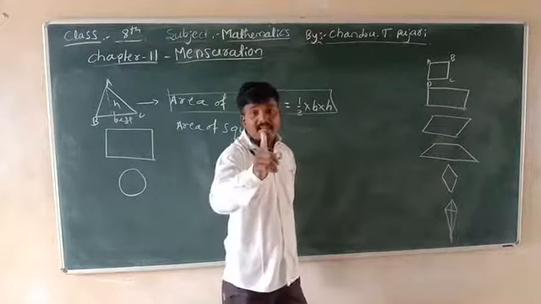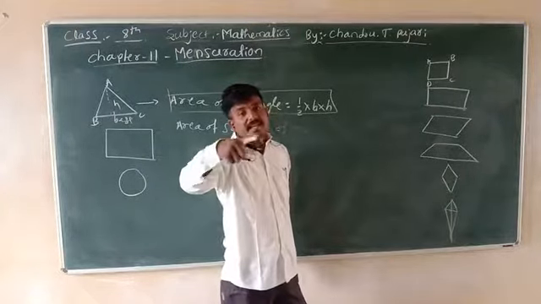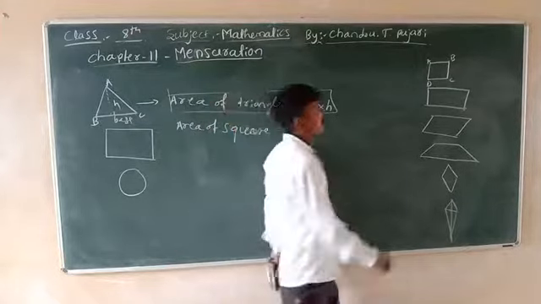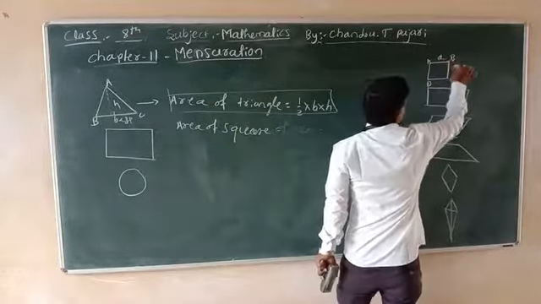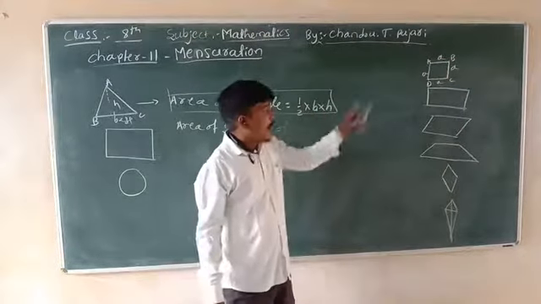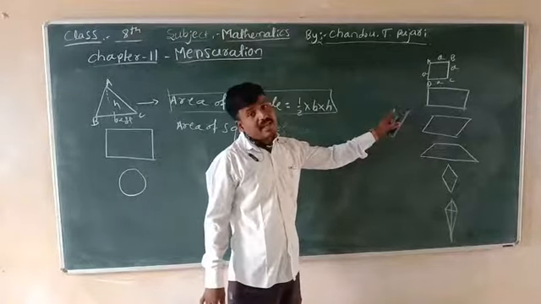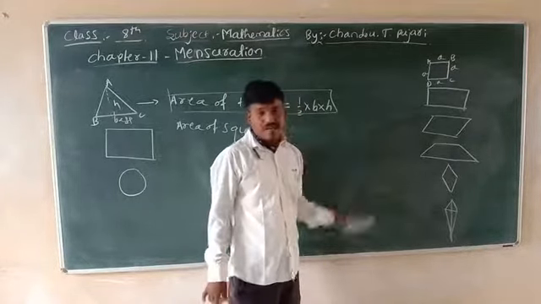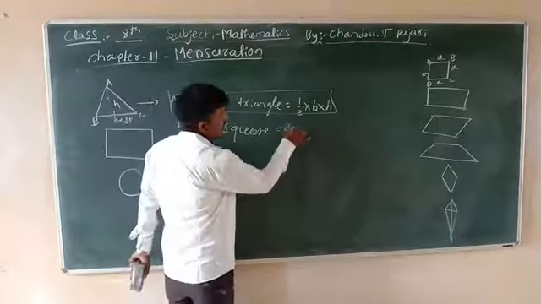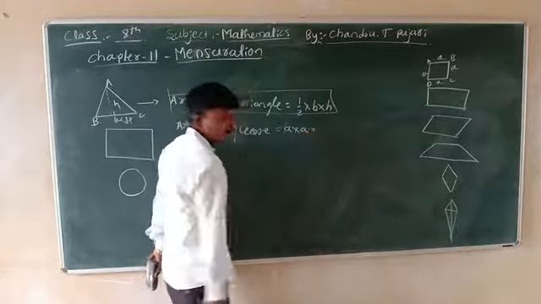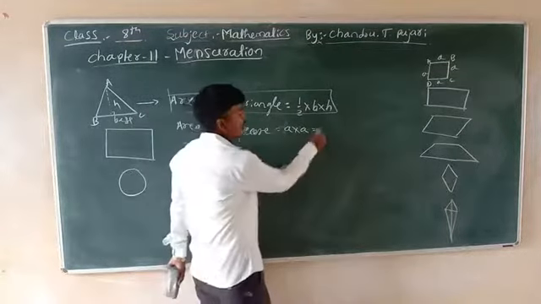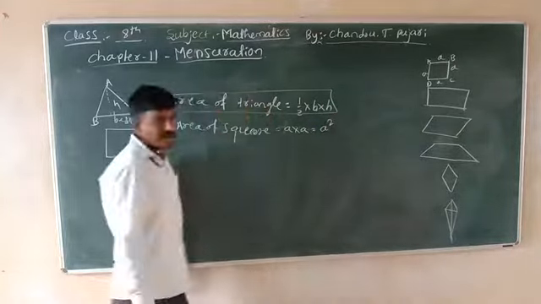The characteristics of a square are that all sides are equal and each angle is 90 degrees. Consider the length of a side is a. When all sides are equal in the square, the area of a square is side into side. One side is a and the other side is a. Therefore, a into a, that is a square, is the area of the square.